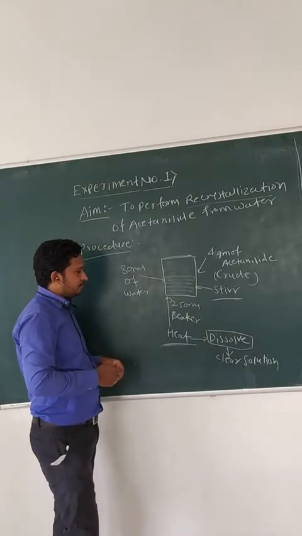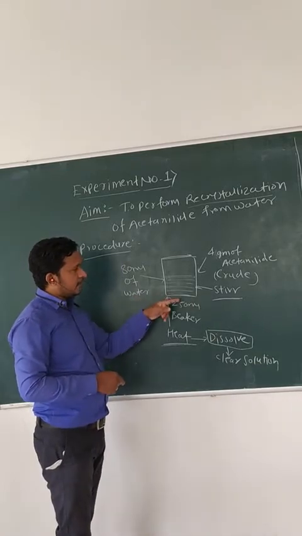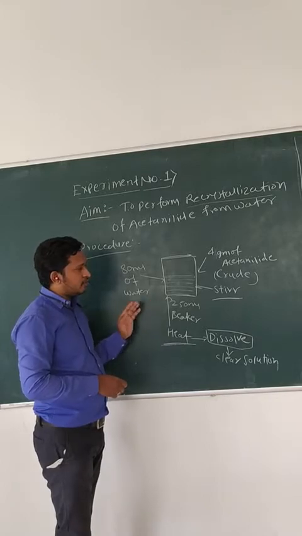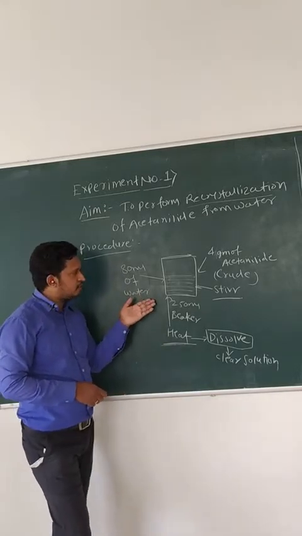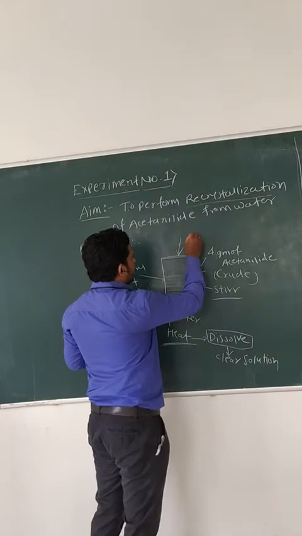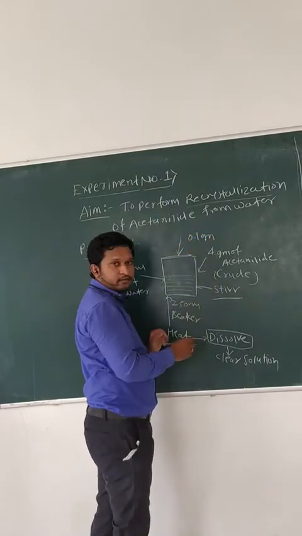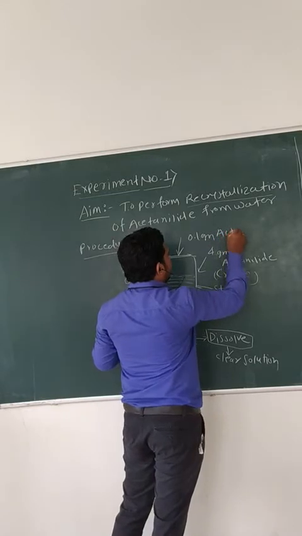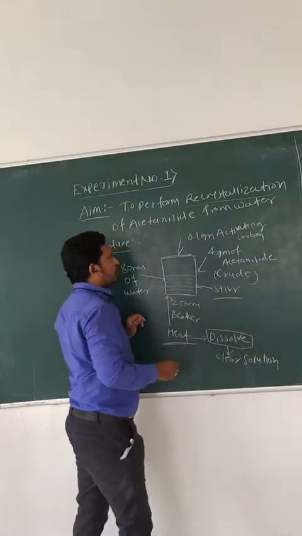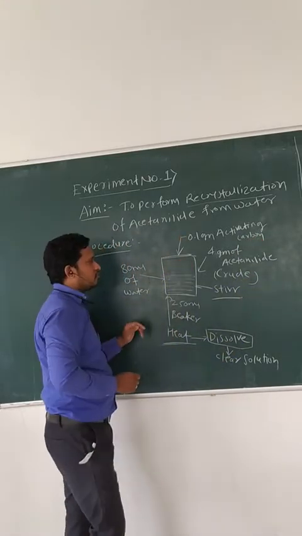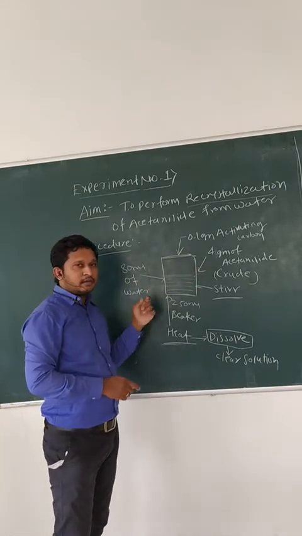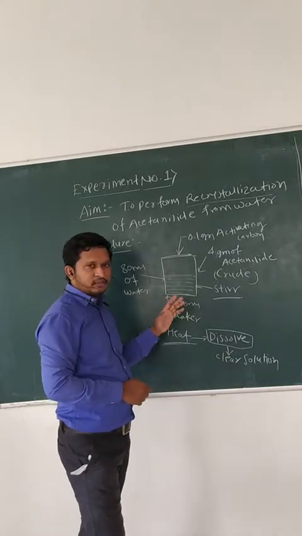After that, if the crude acetanilide is impure, for example if color impurity is present, you can also add 0.1 gram of activated carbon. Adding 0.1 gram of activated carbon means you add carbon powder, or charcoal.